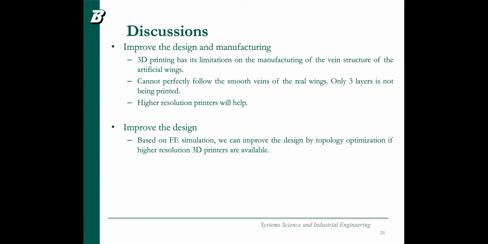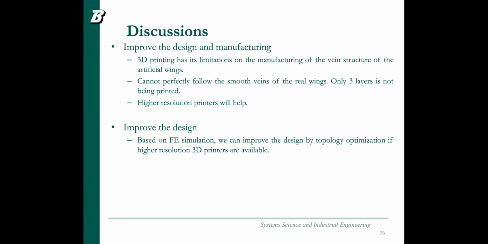Also, because of the mass constraint, we only allow about 36 milligrams, but the best we can achieve for the vibration frequency, etc., is about 40 milligrams, and we can only design 3 layers because we use 0.1 millimeter as the layer thickness.